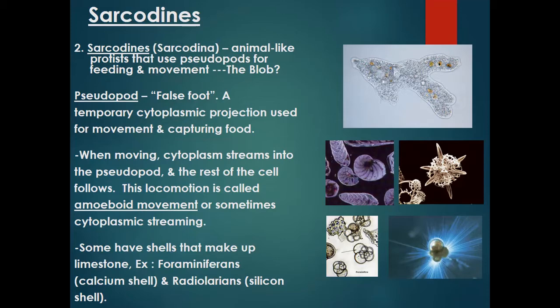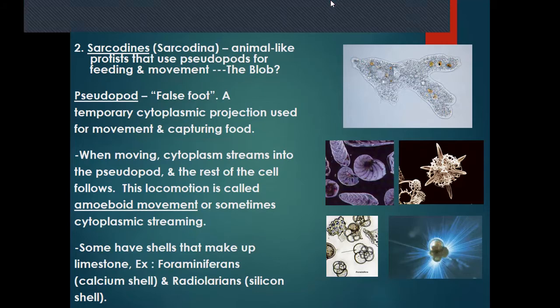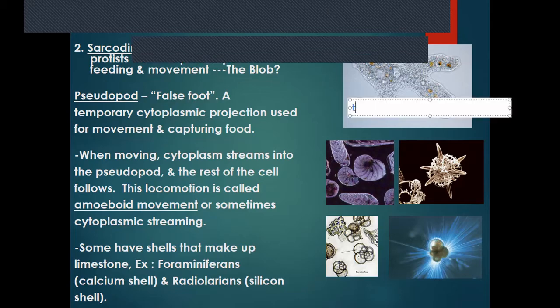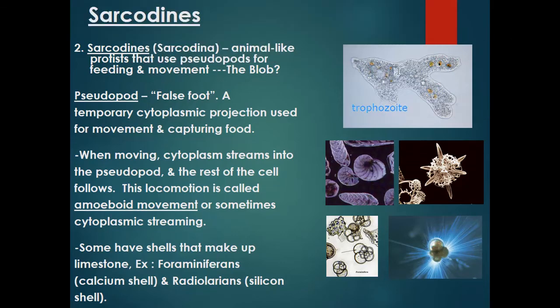So the life cycle of the amoeba starts from the trophozoite, so this is the trophozoite stage. The trophozoite stage of the amoeba is well active, while the cystic stage is the dormant stage.